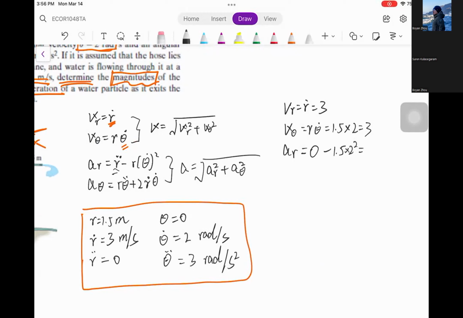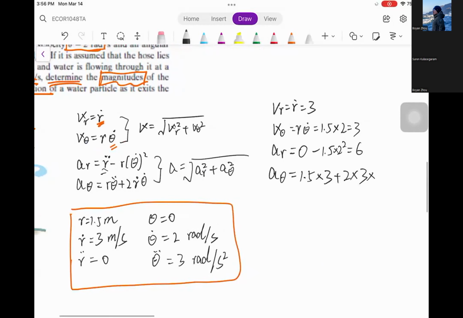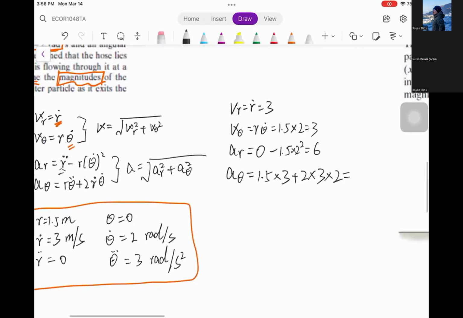So 1.5 times 4, that is 6. And A theta is equal to R times theta double dot, R is 1.5 times 3, plus 2 times R dot, which is 3, times theta dot, which is 2. So this one is 16.5.